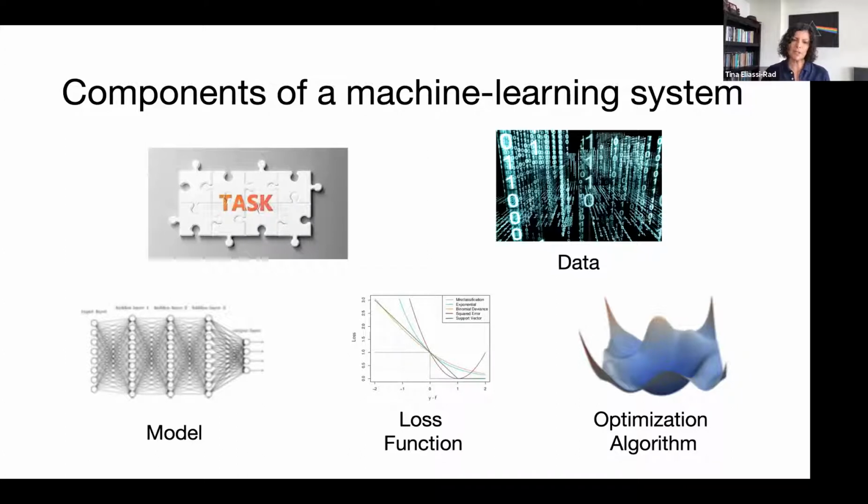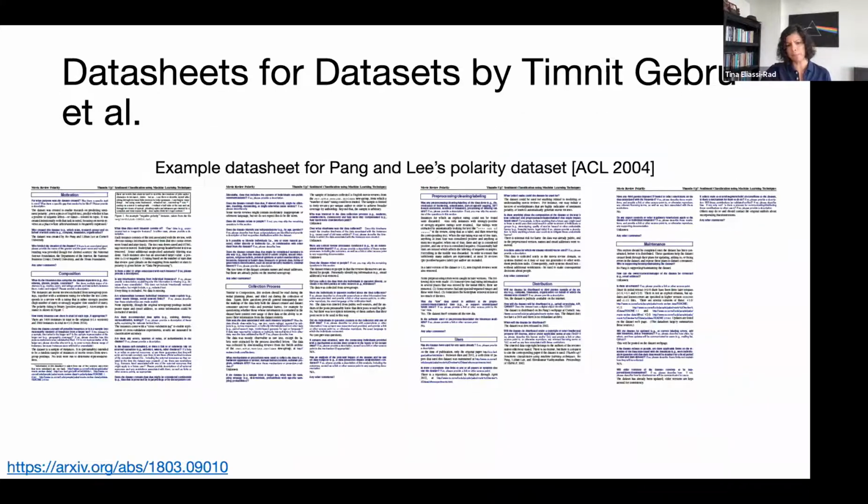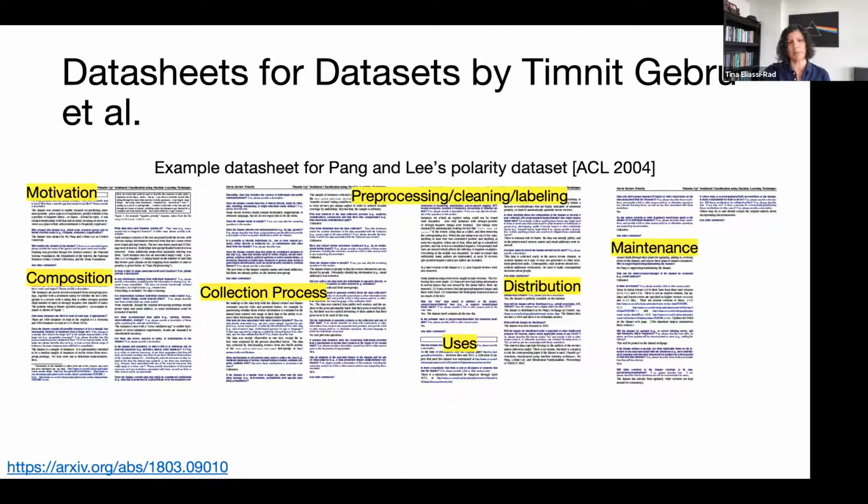Now, of course, there have been many people who have done excellent work on the issues with the setup. So first, data, right? A lot of people have spent a lot of time on watching out for whether the data is biased, etc. One of the excellent works that is a positive work was published by Timnit Gebru et al., about datasheets for data sets.